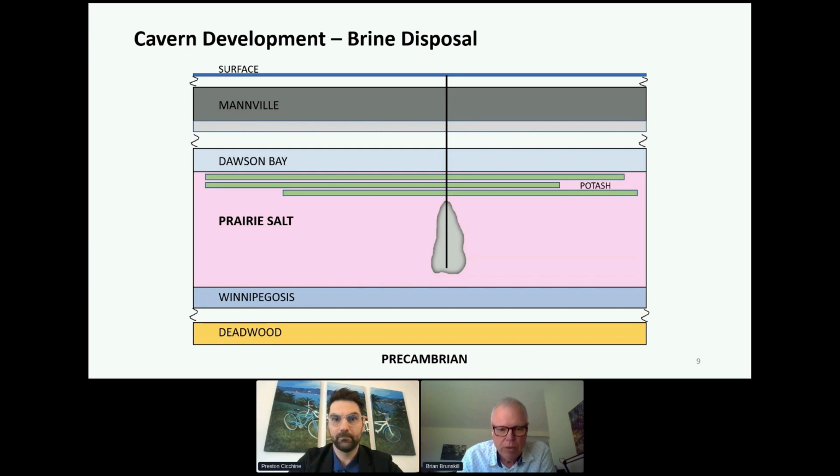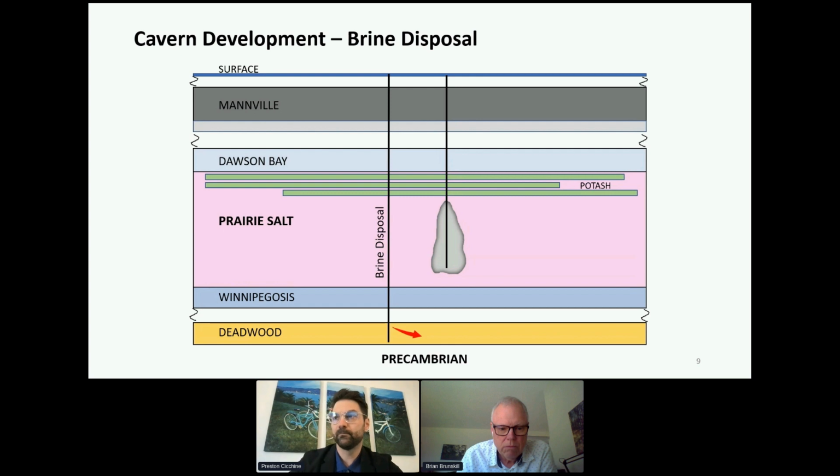Now, not only do we create a lot of what's called brine, which is very salty water, in that process, we have to get rid of that. So again, in the appropriate location, the Deadwood, and there are other zones, but predominantly the Deadwood, can be used for that brine disposal.